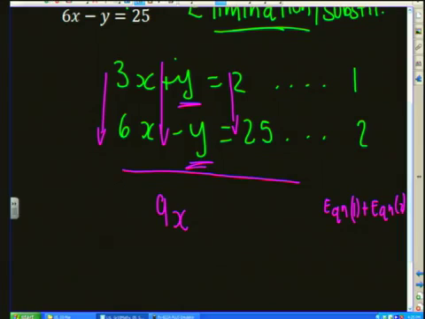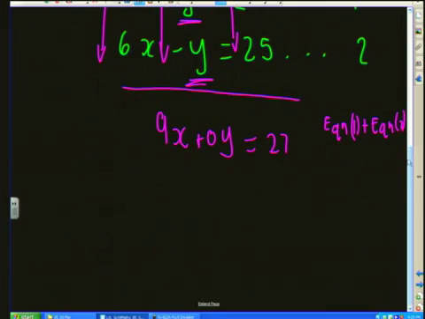Positive y minus y will just give me 0y. Nothing's going to be there. 2 plus 25 will give me 27. Therefore, I've got 9x is equal to 27. Divide both sides by 9, and I'll get x is equal to 3. Okay, so I've got the value of x is equal to 3.